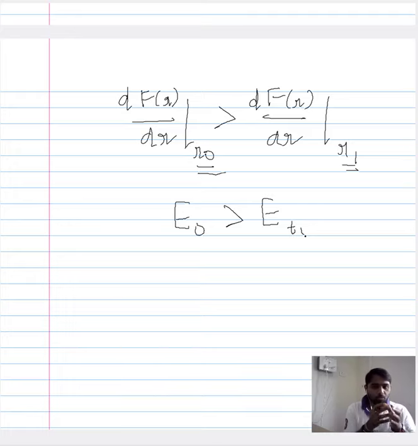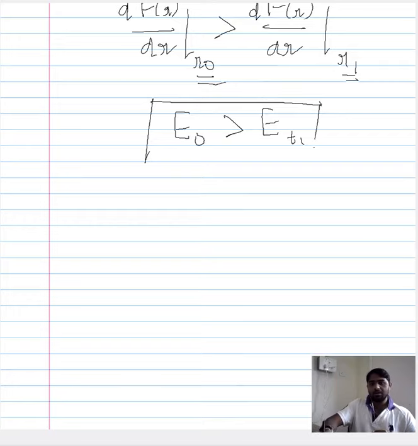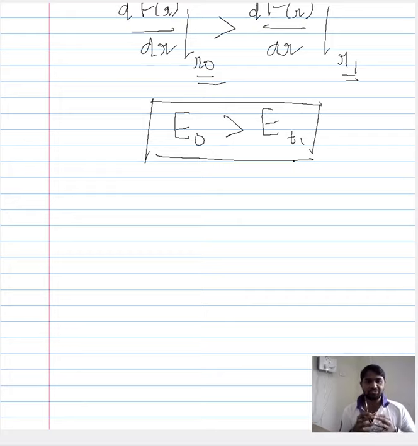We saw that when you move away from r naught to a new position r1, the slope of the curve decreases, and since the slope of the curve relates to the Young's modulus, that would mean that when you move away from your equilibrium position by virtue of the increase in temperature, the Young's modulus decreases. Now there is another way of looking at the same effect of temperature on the Young's modulus. You can arrive at the same relation: as you increase the temperature, the Young's modulus decreases.